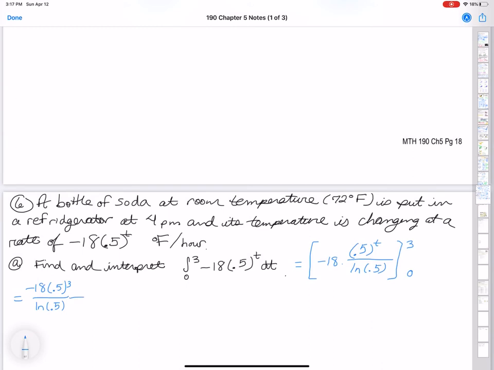I could have pulled this negative 18 over natural log of half out in front of the whole thing as well, but I'll just leave it where it is. So minus, again, negative 18 times a half to the 0 power divided by natural log of a half. Subbing in the upper limit of integration, minus subbing in the lower limit of integration.